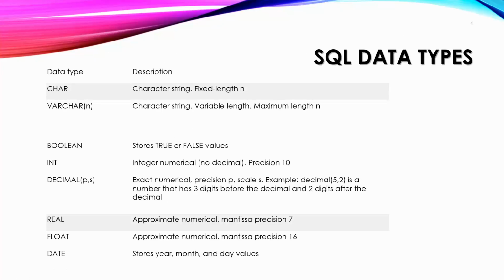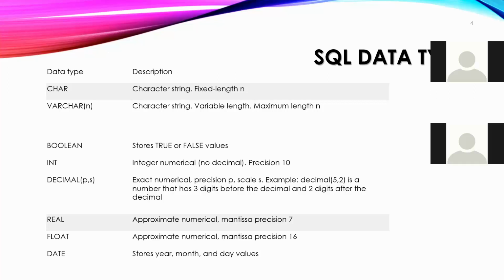And when it comes to SQL data types, we have a number of data types. The reason we have those data types is that we have different types of data in real life, right? For example, your name contains text.